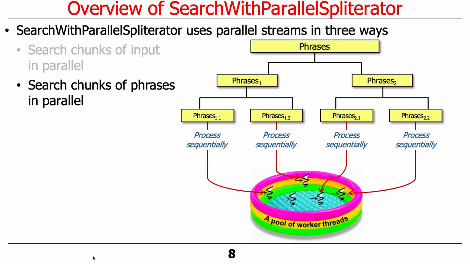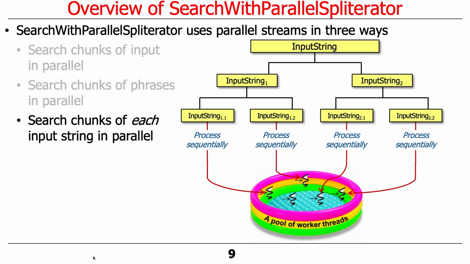Second thing is we're going to search for chunks of phrases in parallel. So we're going to take the different phrases we're searching for in the works of Shakespeare, and those will also be run in parallel. And then the third thing, which is the new thing that we didn't have before, is we're going to search chunks of each input string in parallel. So the input string itself is going to be broken up into chunks, and we're going to search those chunks for the phrases in parallel.